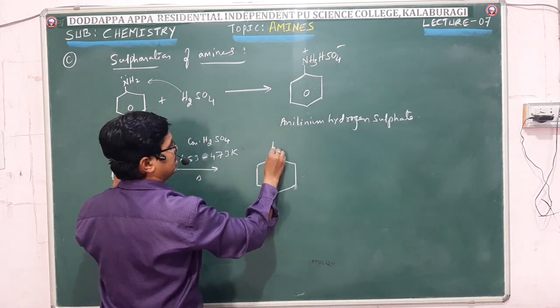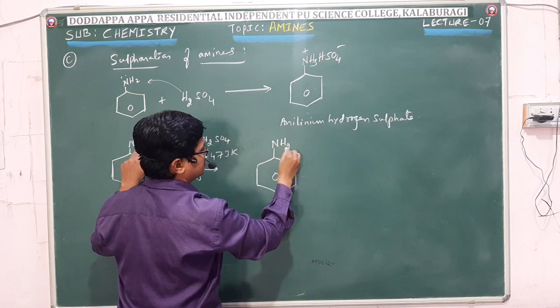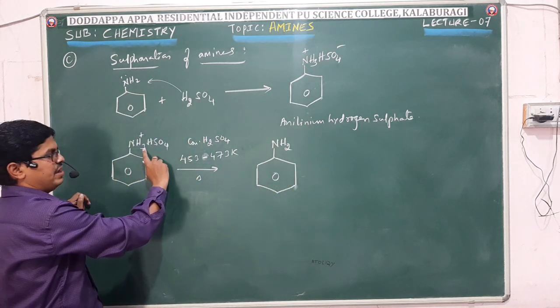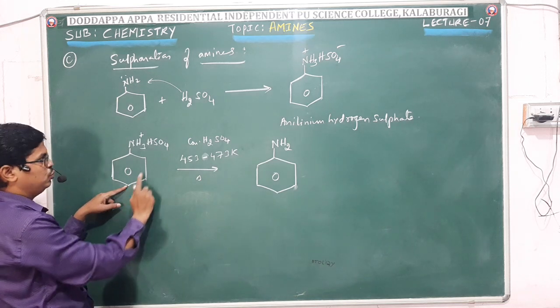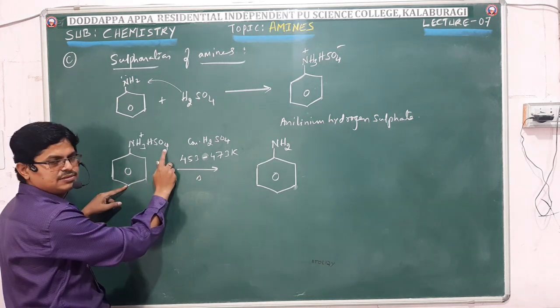Look here, NH2 it becomes. One hydrogen from here and one hydrogen from the para position, 2 hydrogens and 1 oxygen.